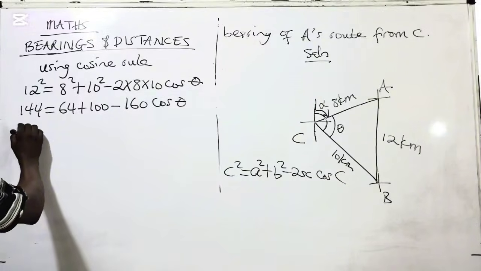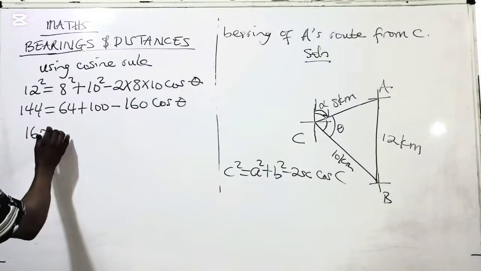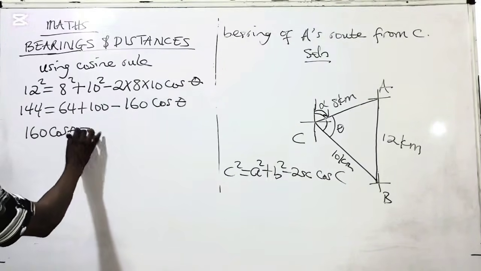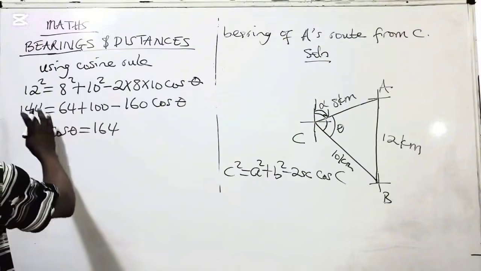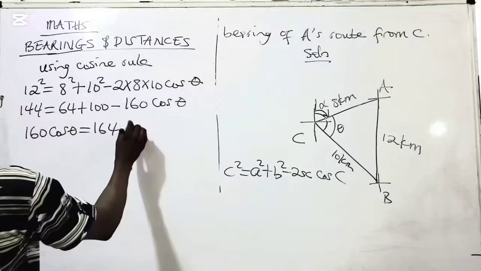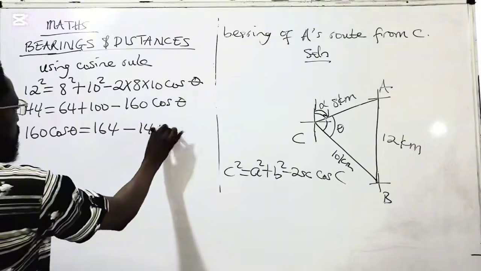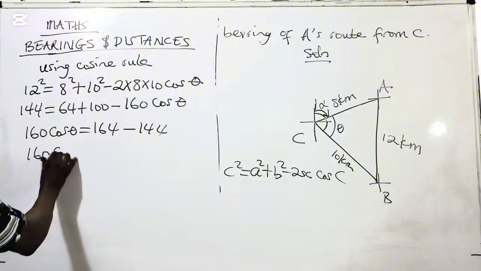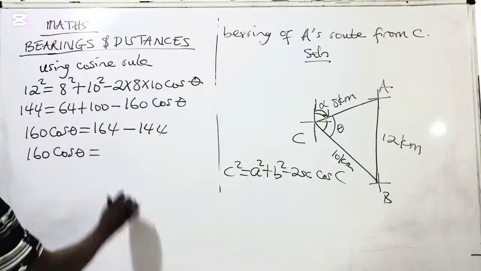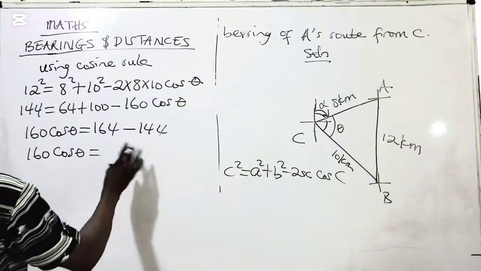So I'll get 160 cos theta equals 64 plus 100, that's 164, then transfer 144 across, minus 144. So now I'll get 160 cos theta, that gives us 20.